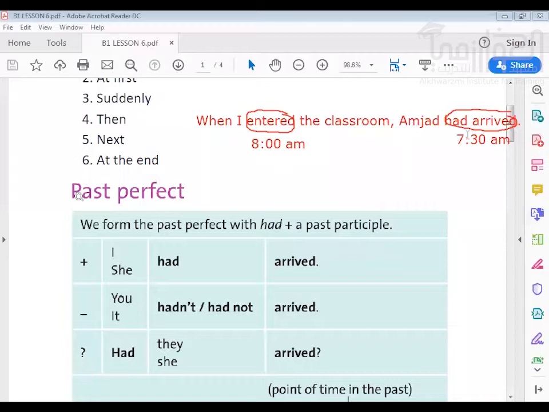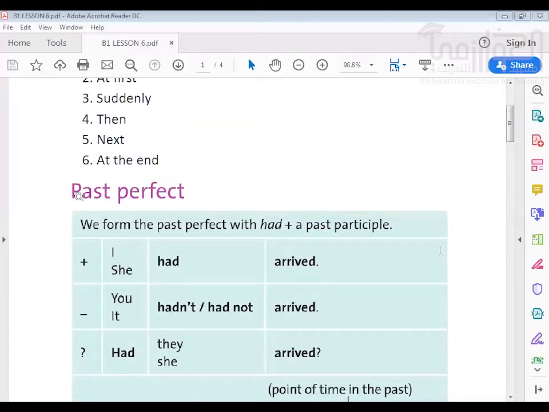But this happened first, 7:30, before we come to 8. So the one that happened first, we use the past perfect. And the one that is second, or after the first event, we use the past simple for it. So this is how we use the past perfect.